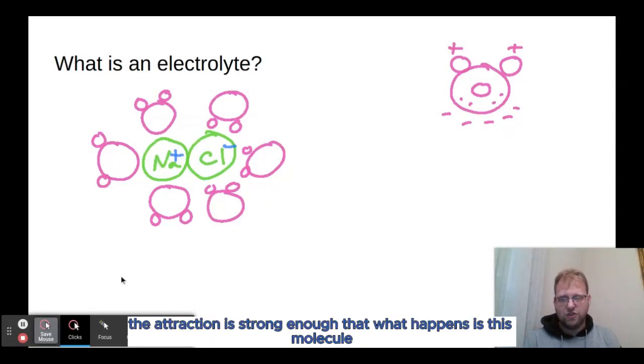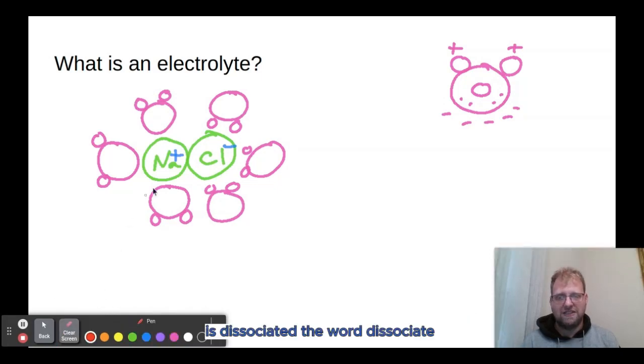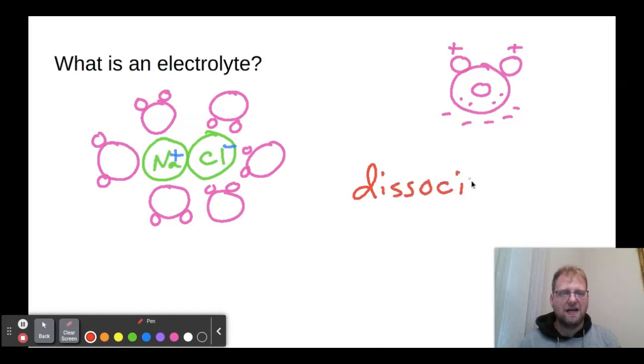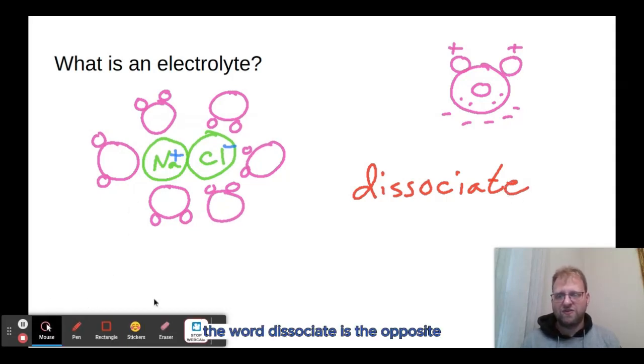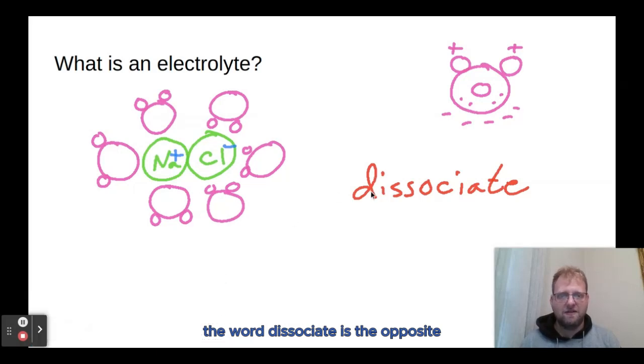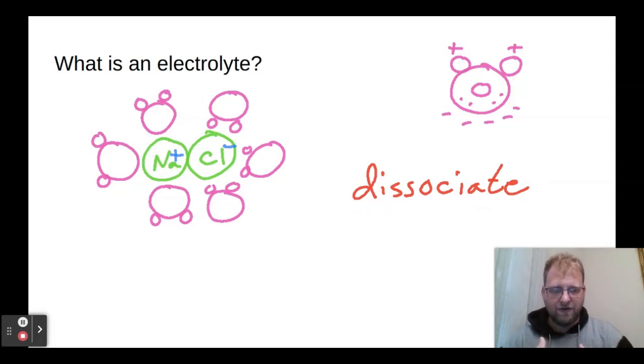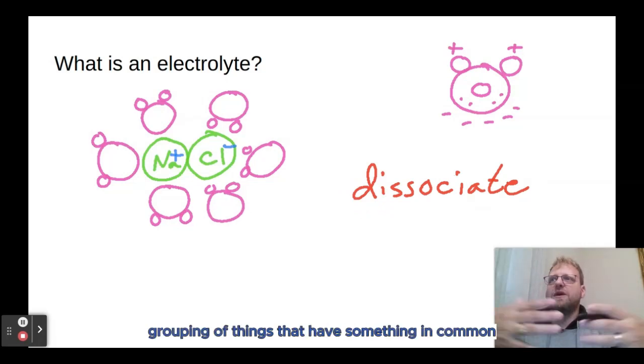The attraction is strong enough that what happens is this molecule is dissociated. The word dissociate, D-I-S-S-O-C-I-A-T-E, great spelling bee word, dissociate. The word dissociate is the opposite of the word associate. Associate means to bring things together. An association is a grouping of things that have something in common.